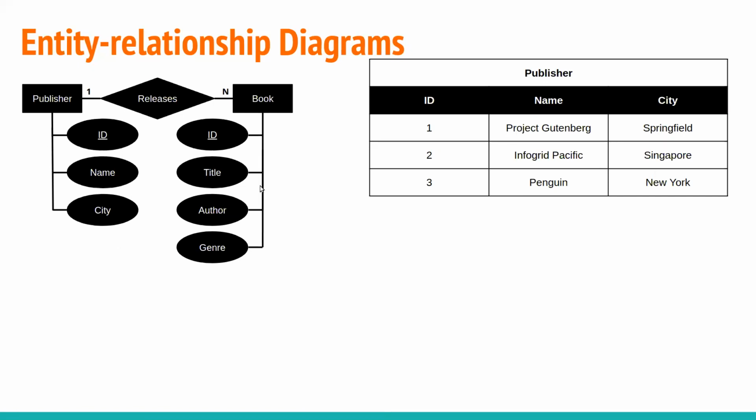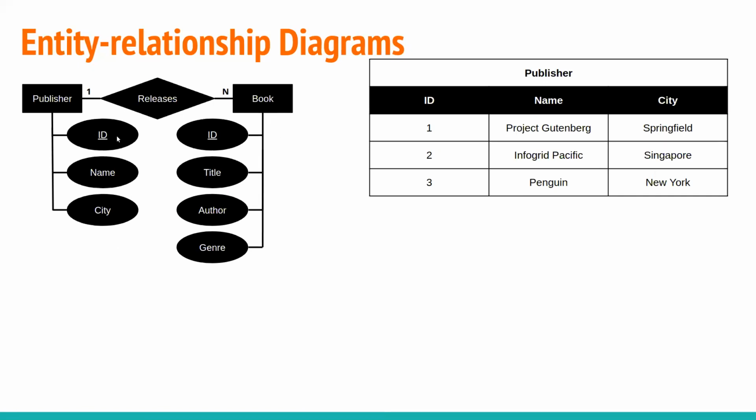Next, we have to create the book table. Usually the book table would have 4 columns: a column for the ID, a column for the title, a column for the author, and a column for the genre. But the other thing to remember is that every book also has a publisher, because a publisher releases the book.